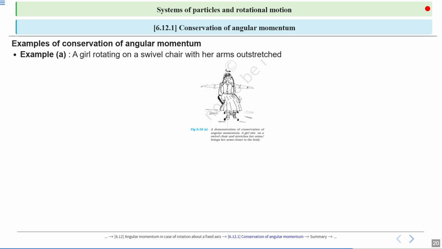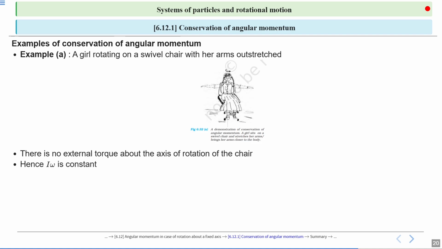When she pulls her arms inward, think about it. In that case, her moment of inertia decreases because the mass is now closer to the axis. When her arm is closer to the axis, the moment of inertia decreases.